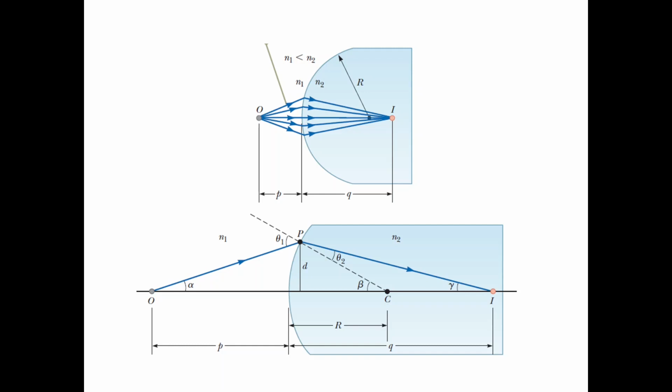So how do we do this? So this is the distance from the primary optical axis to the point where the incident ray hits the surface of this interface.